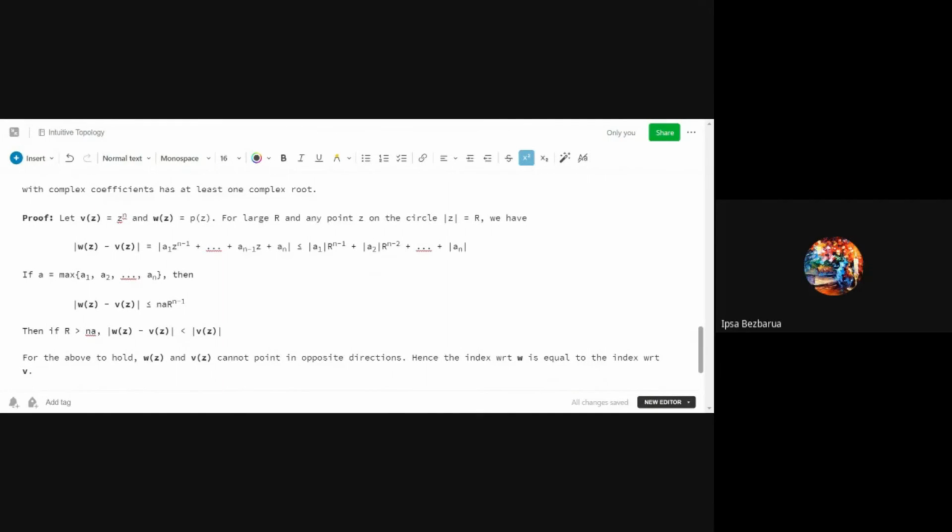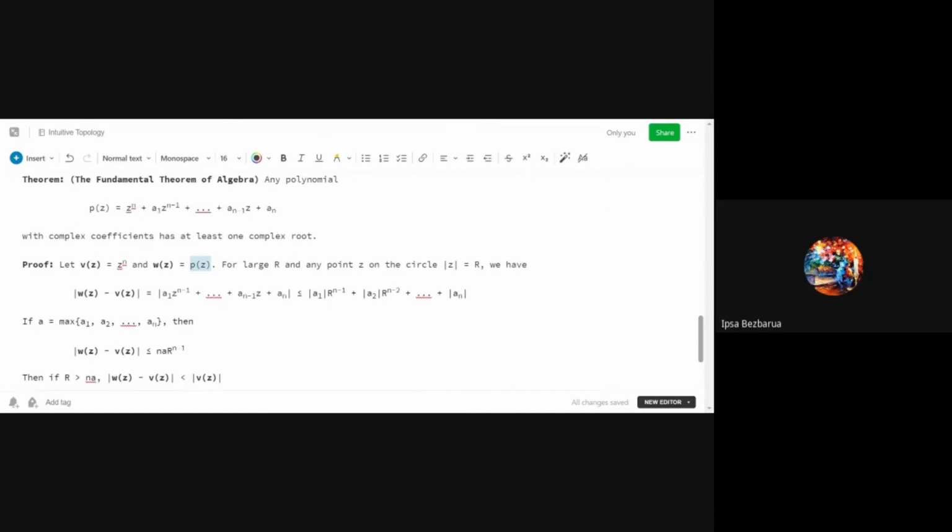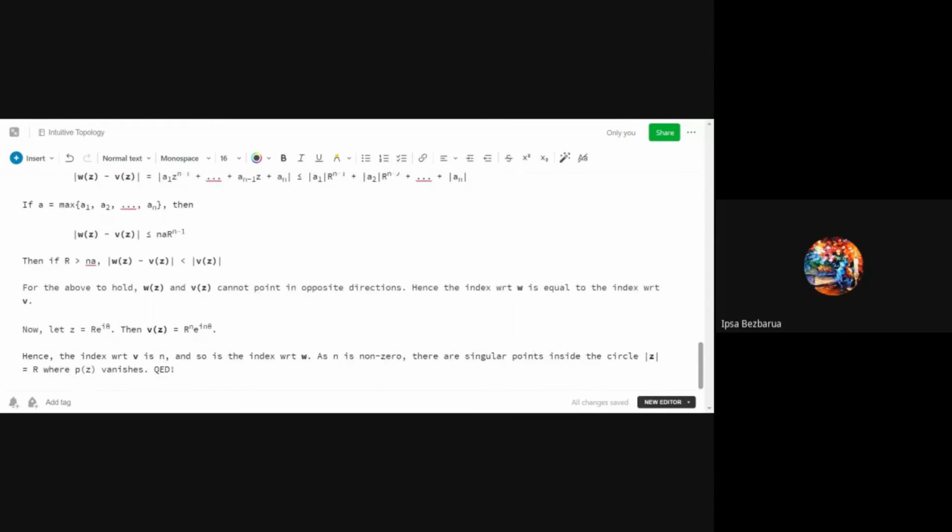And the value of W at any point z is equal to P of z. So my entire argument translates to saying that there is a point inside the circle |z| = R where P of z vanishes. Hence, there is a point inside this circle |z| = R which is a root of P of z. Hence proved. Any questions?